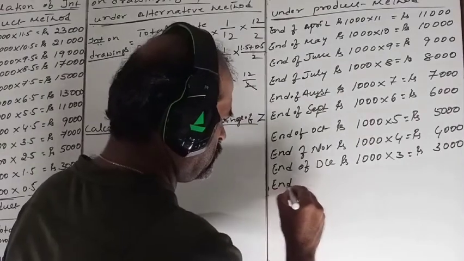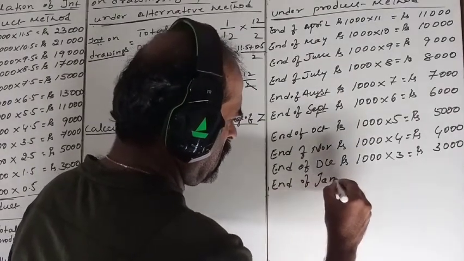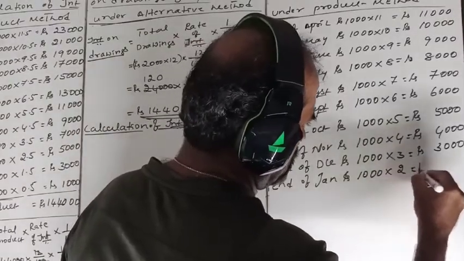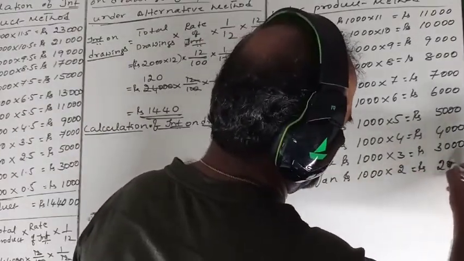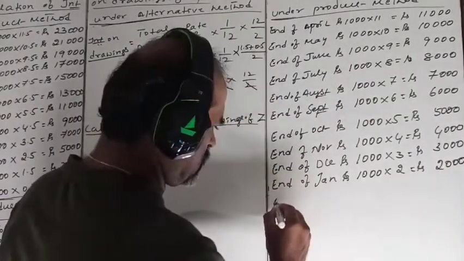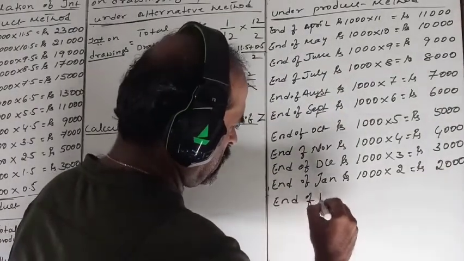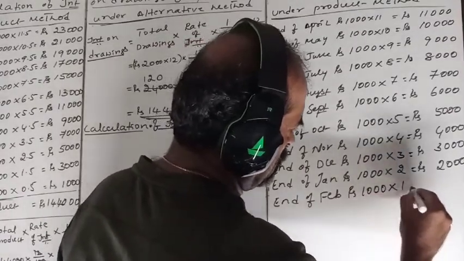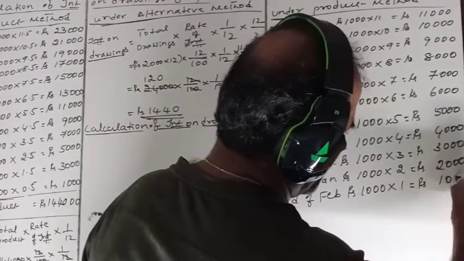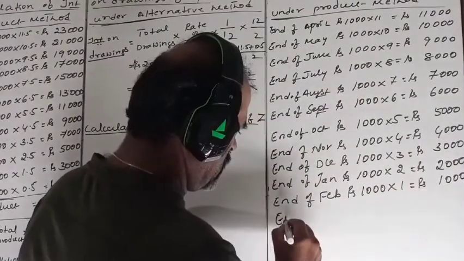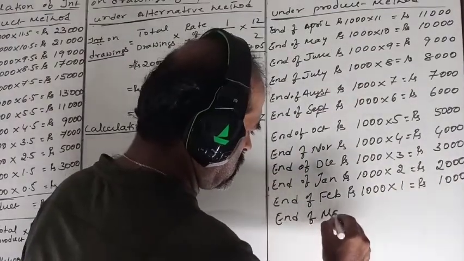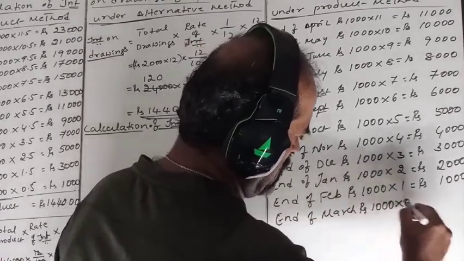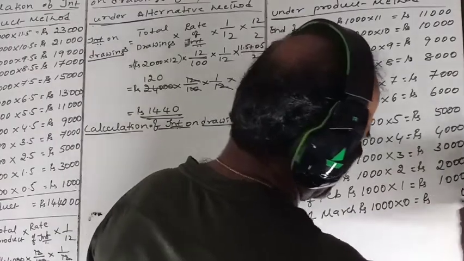Then end of January, rupees 1000. Up to 31st March, 2 months, 2000 rupees. Next, end of February, rupees 1000, up to 31st March, 1 month, 1000. The end of March is the last day, rupees 1000. Number of months 0. The answer comes to 0.